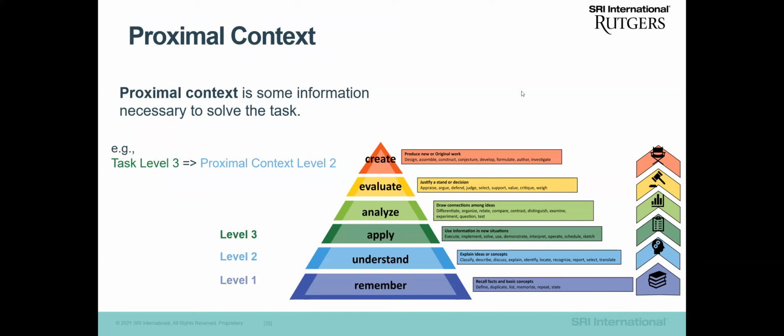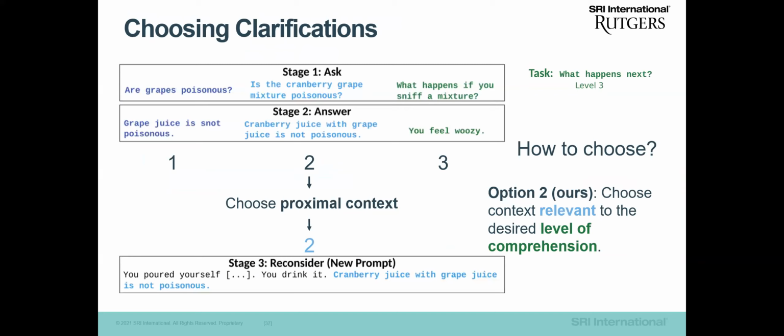And so now I just told you about what proximal context was. So proximal context is whatever information exists at the next lower hierarchy level. And so that is why what we said was, let's just find out whether the mixture is poisonous before we get to the next level.